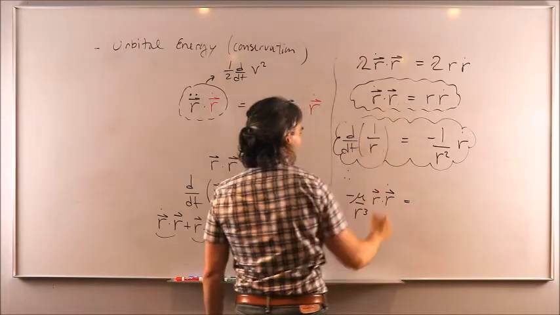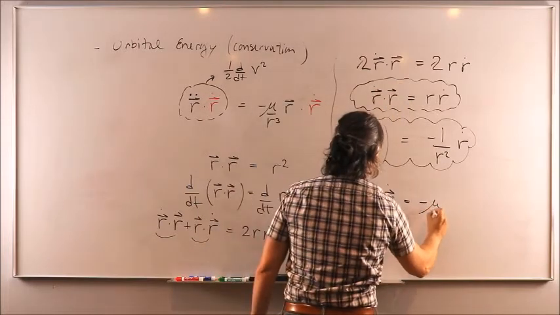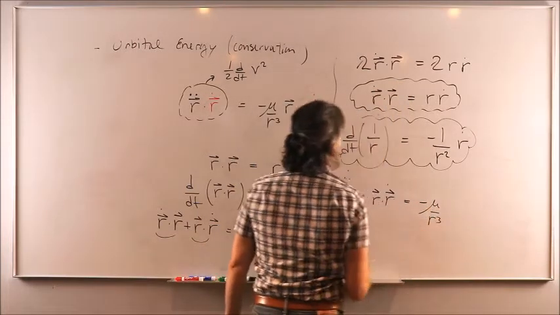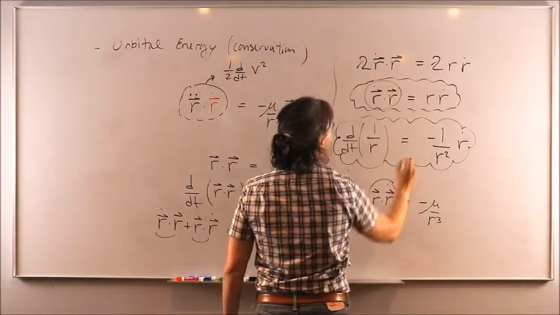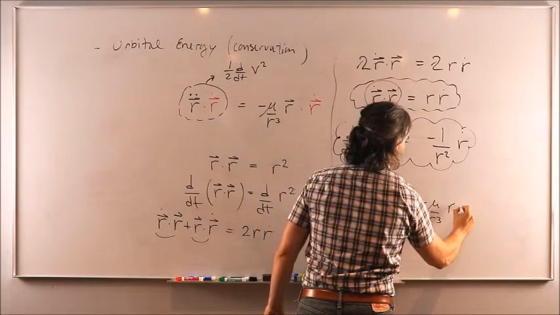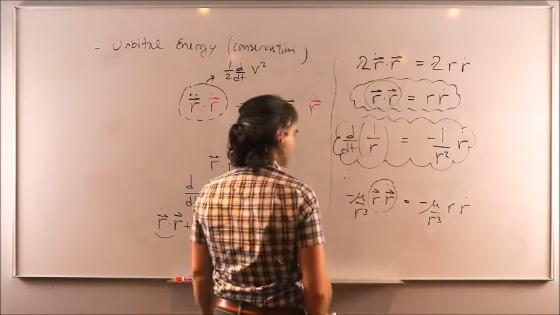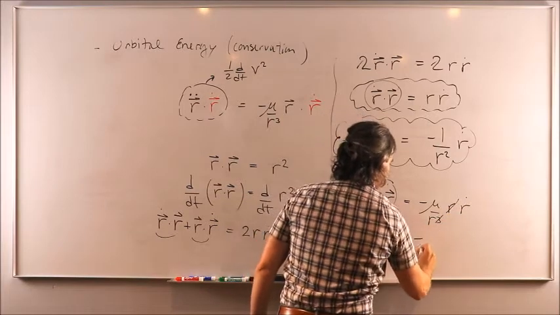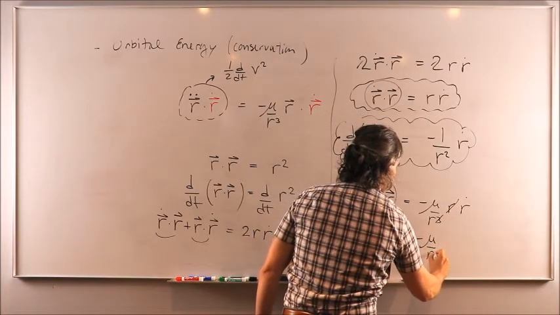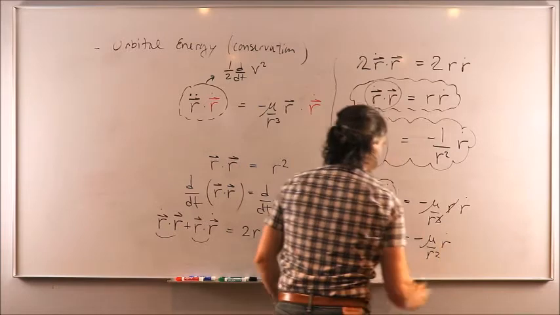Now, by virtue of that, I'm going to rewrite it as minus mu over r cubed, replacing this dot product with r and r dot, which means that I can cancel my r and write minus mu over r squared times the speed.